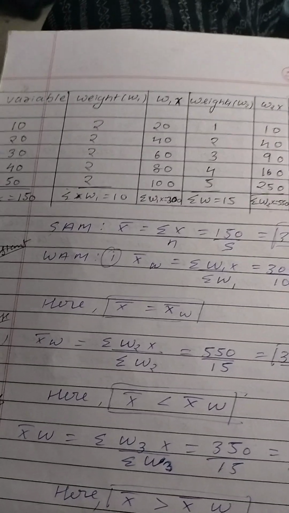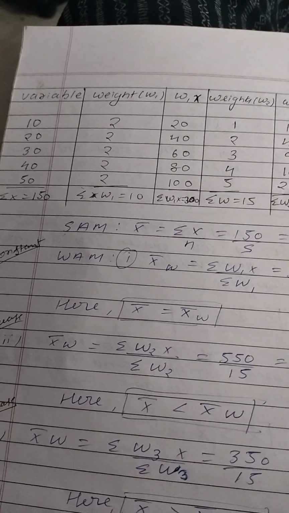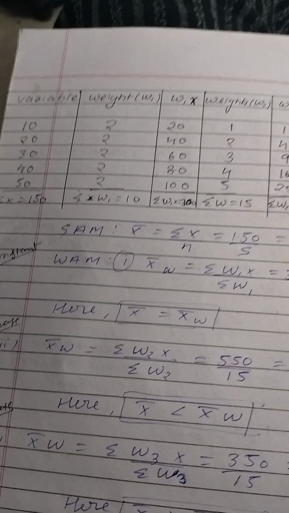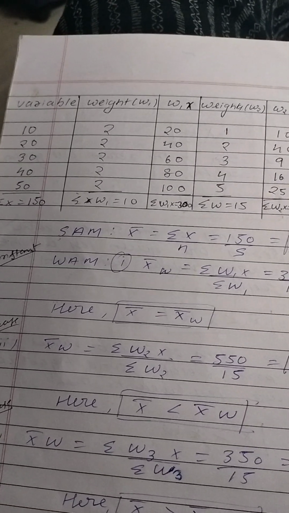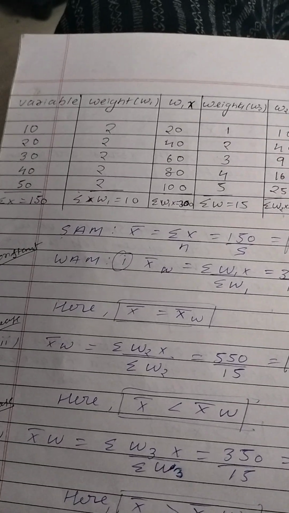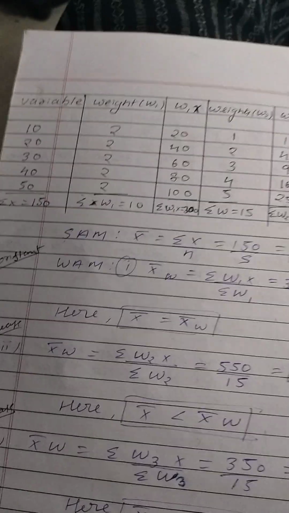And when the weights are in ascending order, 1 2 3 4, that means they are increasing, and it also means the weighted mean has a greater value as compared to the mean, which is the major criterion.